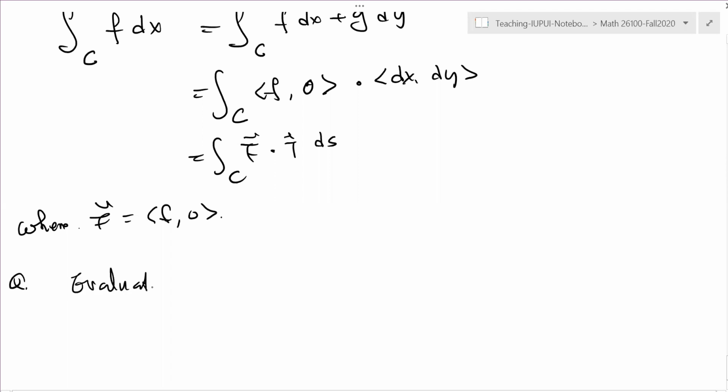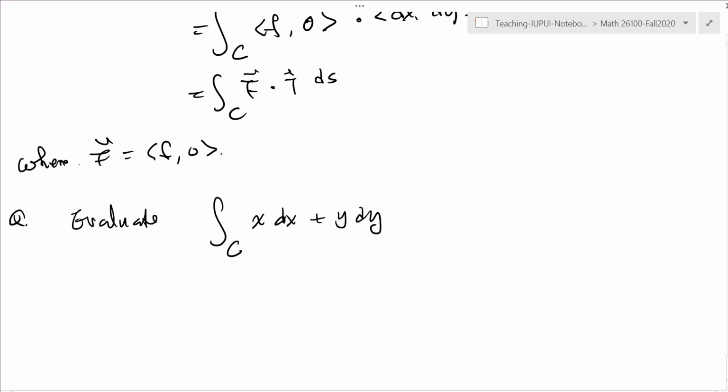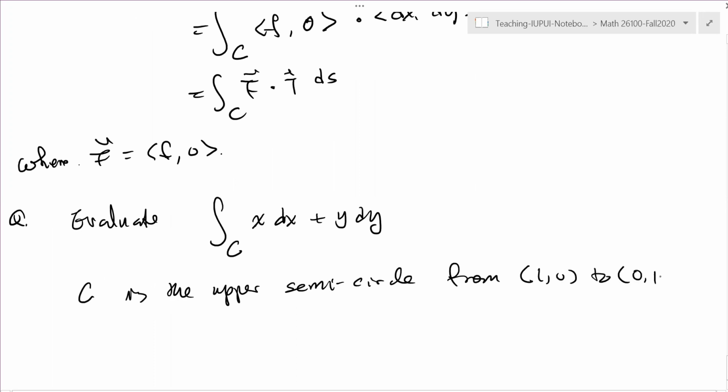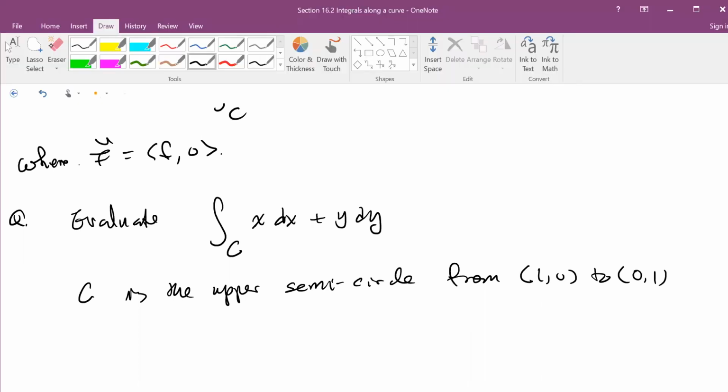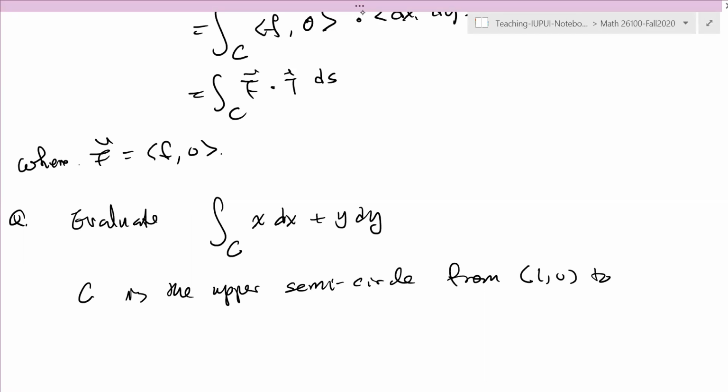Evaluate the integral over c of x dx plus y dy, where c is the upper semicircle from 1, 0 to, sorry, not that, from negative 1, 0.